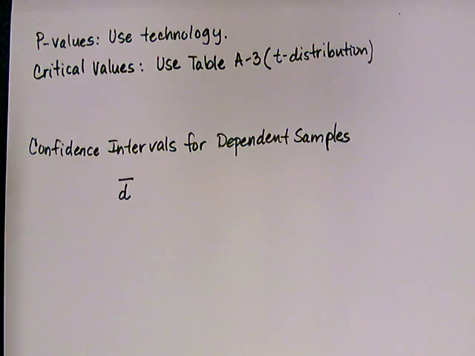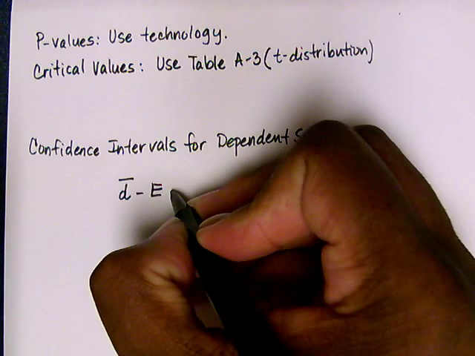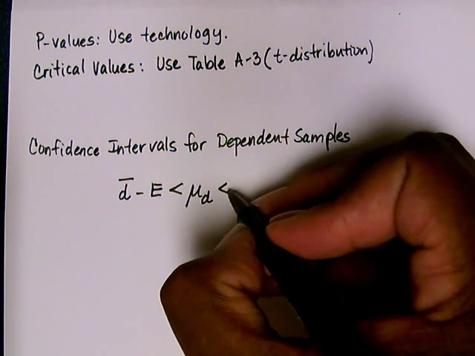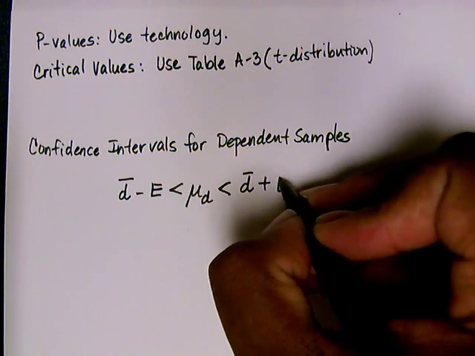And that format for the confidence interval for dependent samples will be this: d bar minus E is less than mu sub d, which is less than d bar plus E.